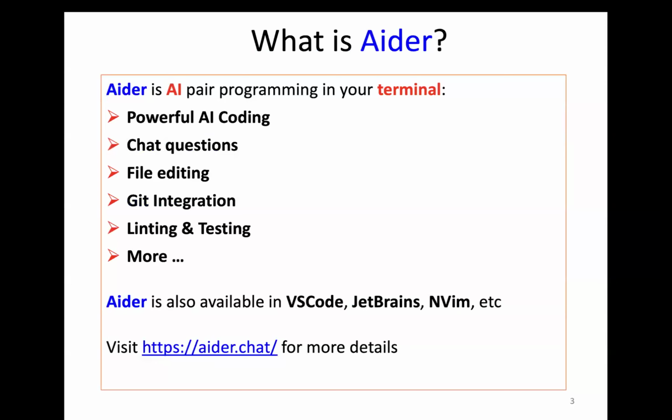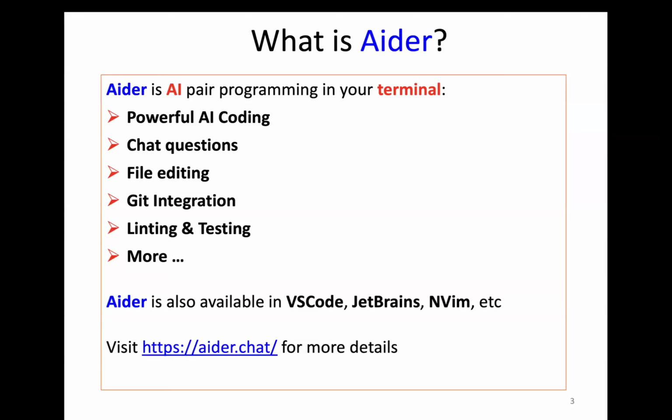So what is Aider? Aider is an AI pair programming tool in your terminal. It's very powerful. It's also available in JetBrains or Neovim, so it can provide powerful AI coding. This is not the focus of the talk, but it is also powerful.